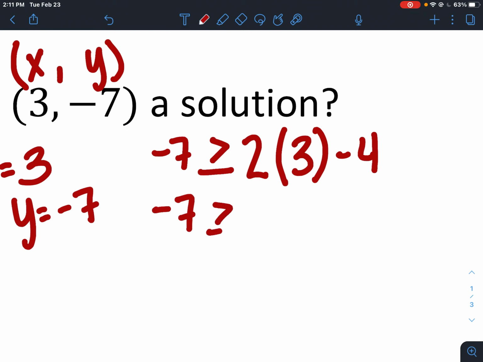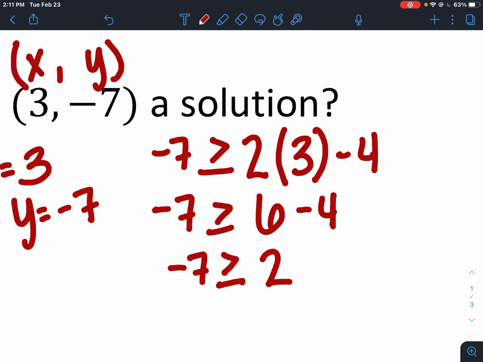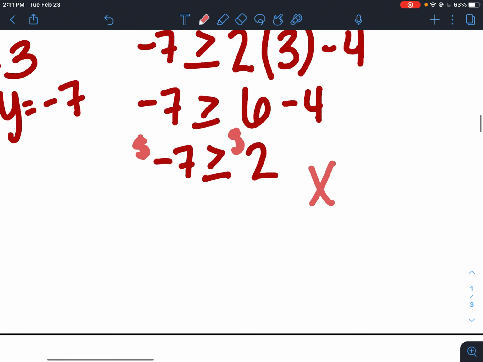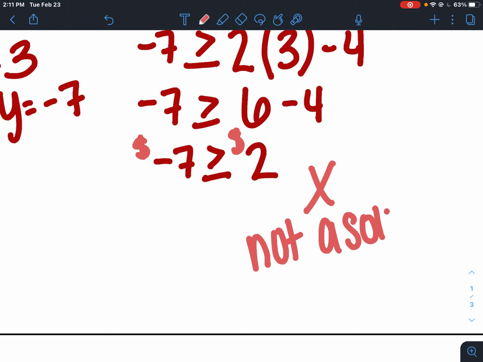Negative 7 greater than or equal to 6 minus 4, negative 7 greater than or equal to 2. Okay, is owing somebody $7 greater than having $2? No. So this means that this point is not a solution.